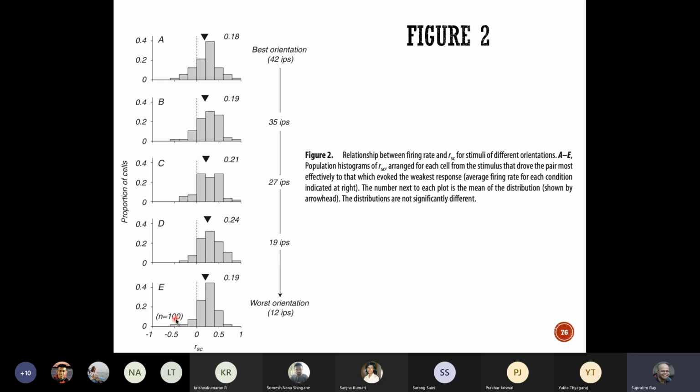So this is cool. We found something about correlations and their dependence on the stimulus that is presented, and it turns out the stimulus orientation doesn't matter. So this is one thing that we learned.